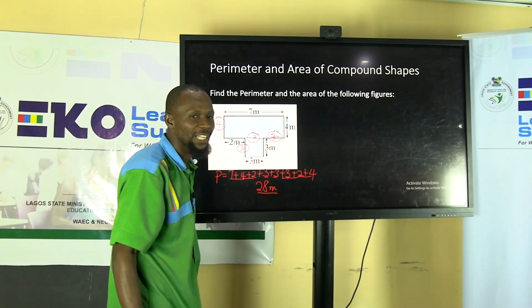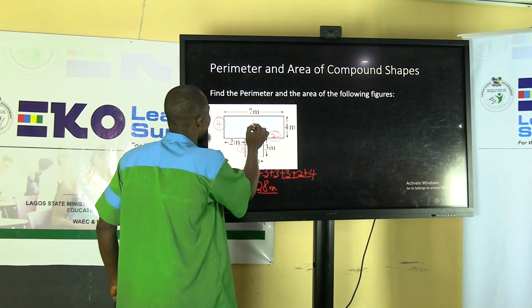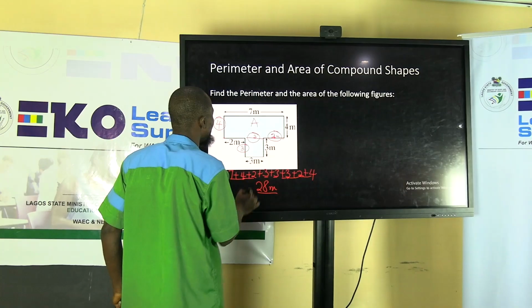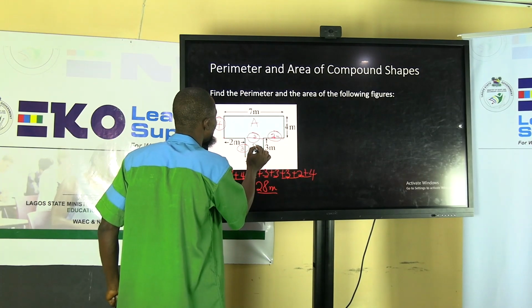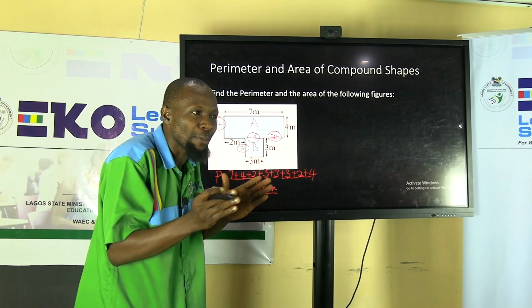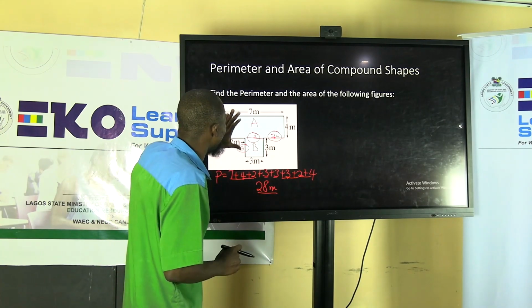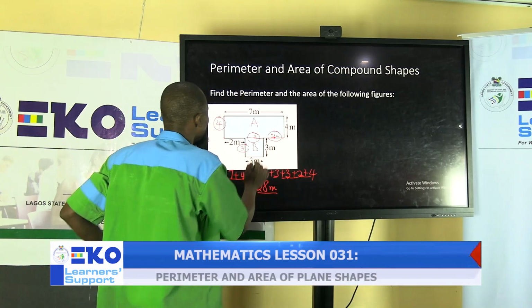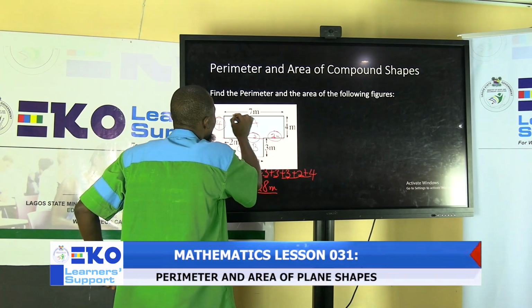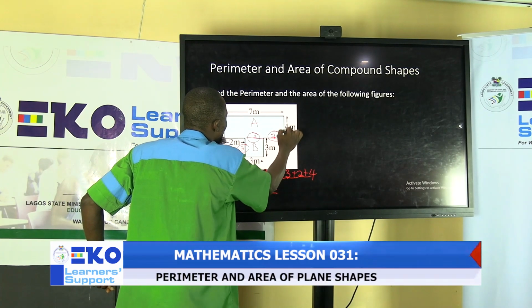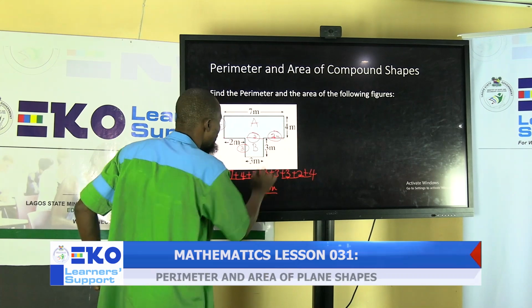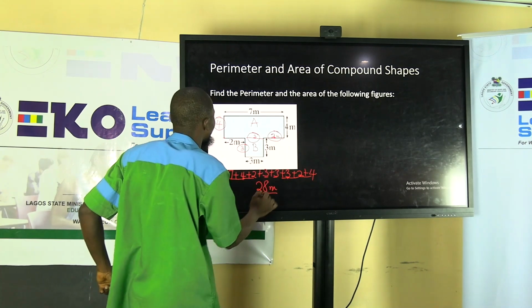All right, so let's find the area. You can say this is area A, this is object B. The two objects have been merged together to form this shape. So in this case, how do you find the area? You need to find the area of this, which is length times breadth. The area here is length times breadth.